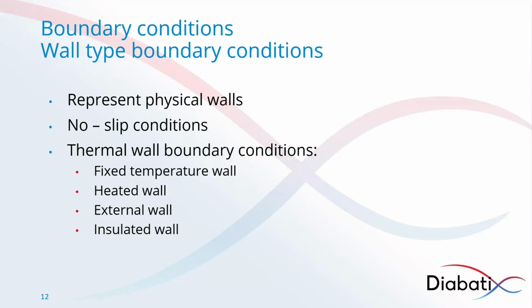Besides inlet and outlet boundary conditions, walls are also important to talk about. So walls, if you want to store liquids or contain gases, you need walls, and in our software we only use impermeable walls, so this means there is no flow through the wall. At walls, a no-slip condition is automatically applied by our software, and this means that the tangential velocity of the fluid at the wall is the same as the wall velocity.